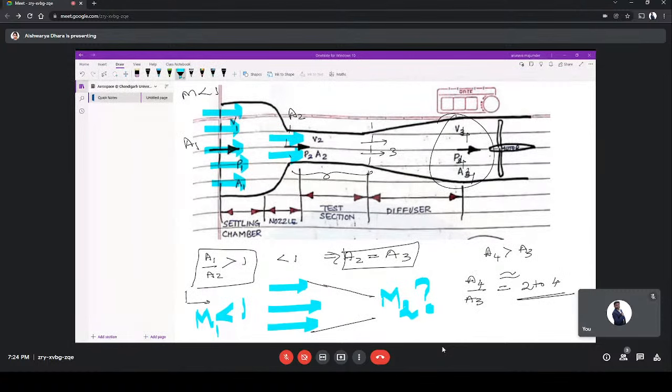There may be some kind of this sort of questions might come, right? Whether it will increase or decrease. So this is another very important topic, so you have to be clear with the shapes. Basically we can say convergent type, divergent type, then a combination of convergent and divergent type.